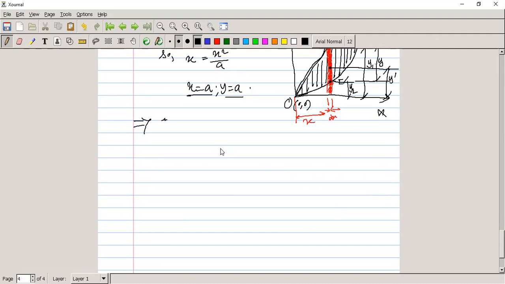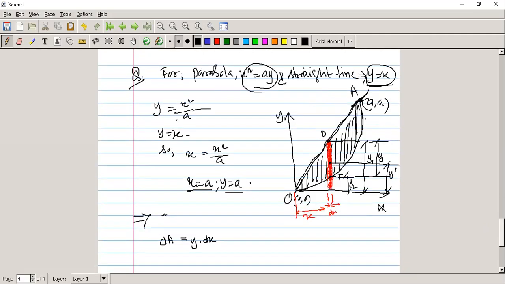So consider this elementary area. If again dA, then dA is nothing but your y into dx. Okay, because we have to find what? We have to find only the centroid of this cross sectional area, this hatch portion. So this is your y actually, this dE, right?